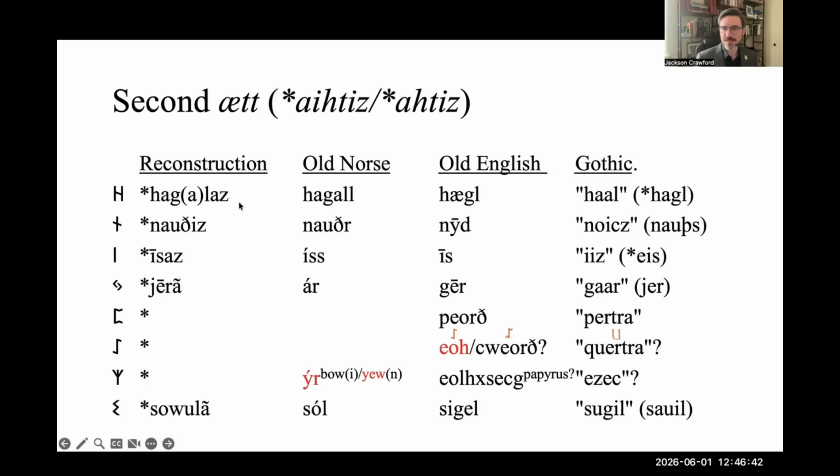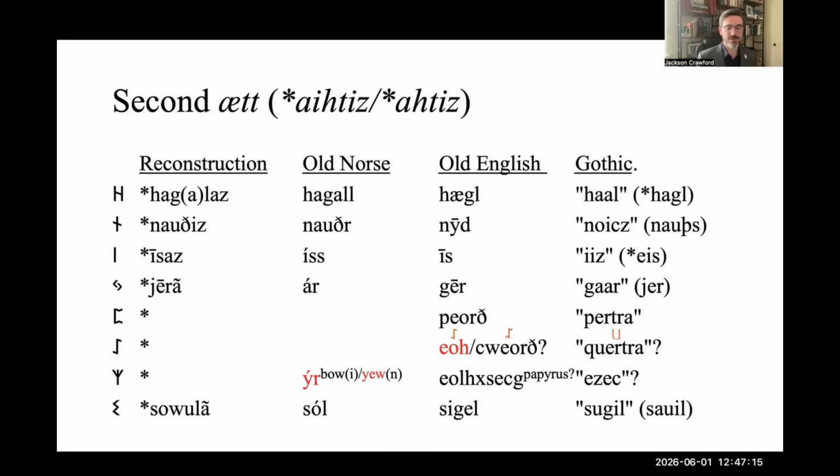It's probably Haglaz or Hagalaz, based on Old Norse Hagall, Old English Hægl. Gothic Hagl also looks like a decent representation of the word hagel in Gothic there. This means hail, as in what falls from the sky. And both, I think, the Old Norwegian and the Old English rune poem have a similar little poetic description of hail as the coldest or whitest of corns, which may go back to some putative Elder Futhark rune poem.